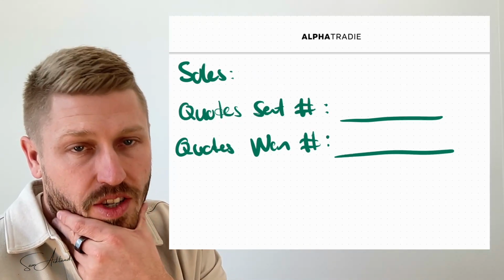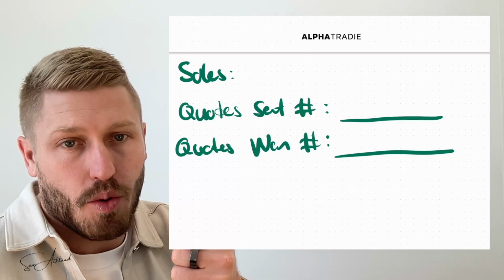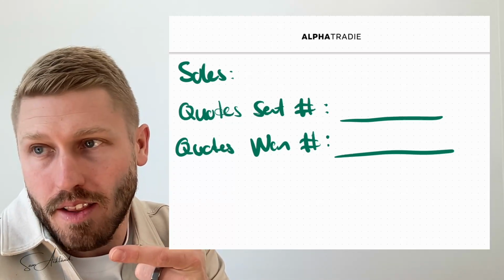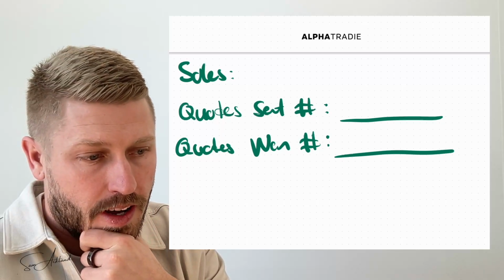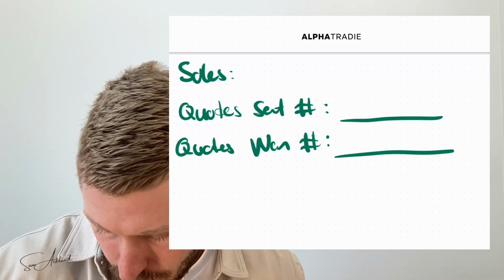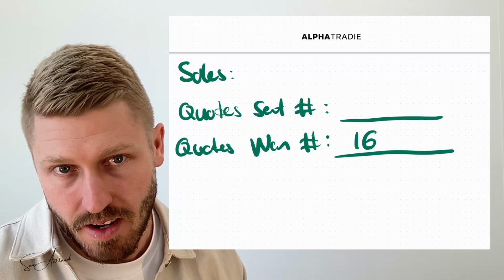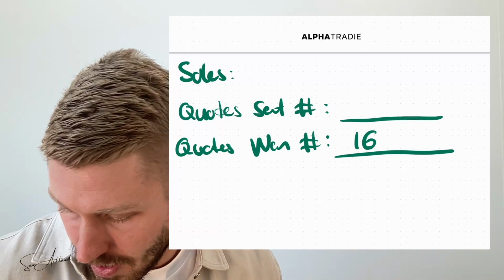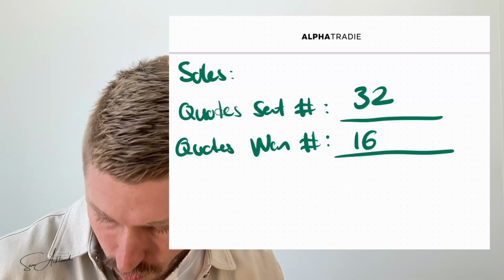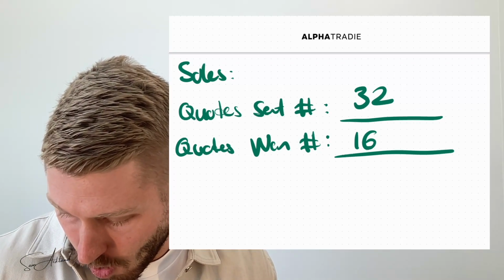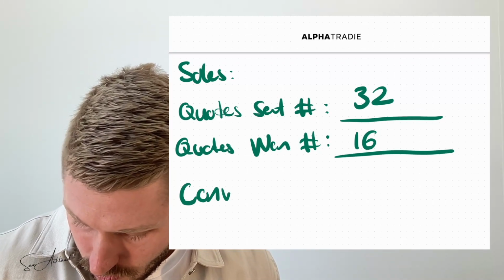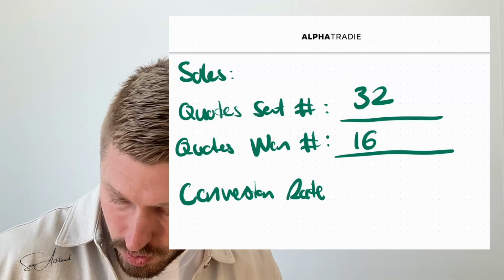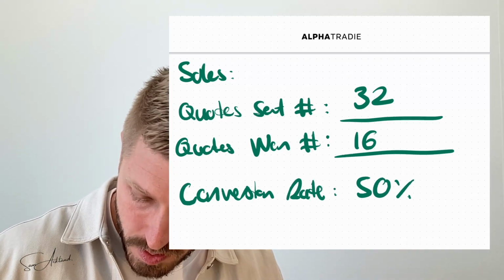This will then inform us of how many quotes we have to send in order to win a quote. You may find that in order for 16 quotes to be won, if that was the lucky number of 16, we had to send 32 quotes to get there, then we would know that our conversion rate is 50%.